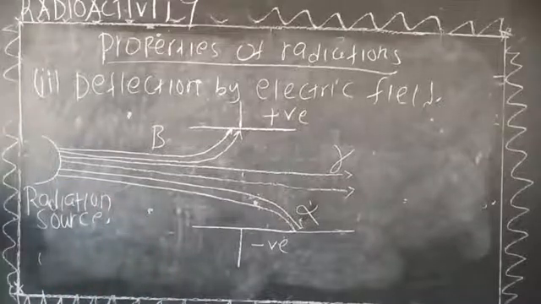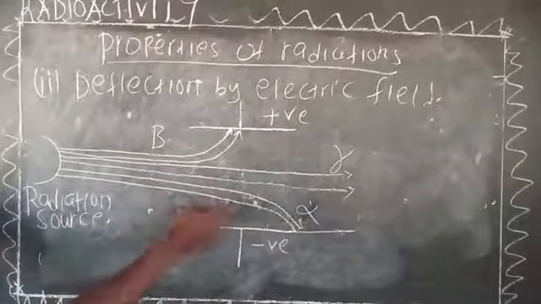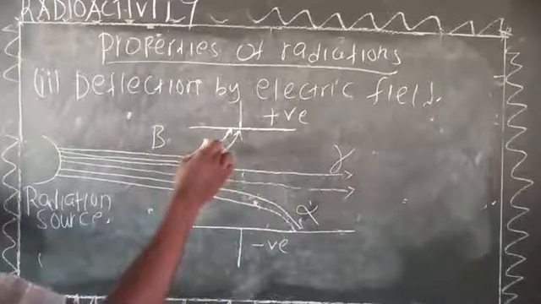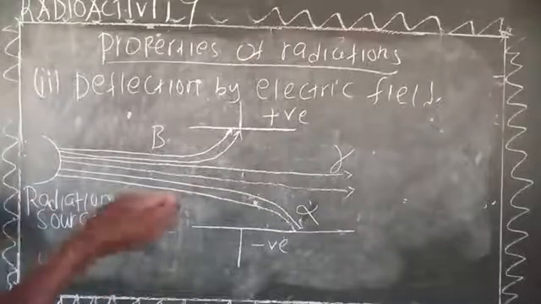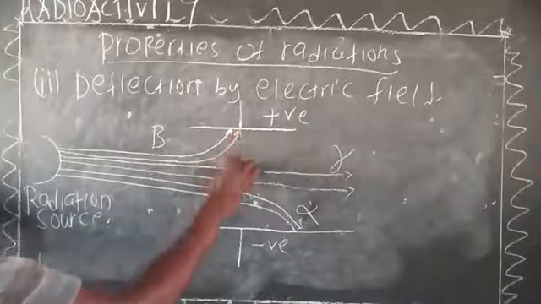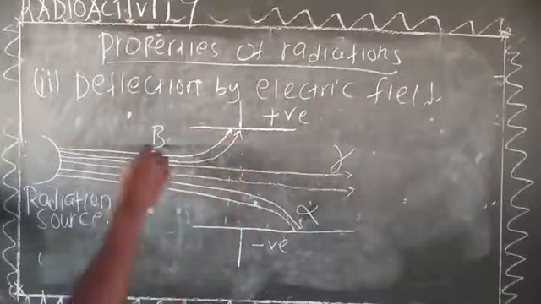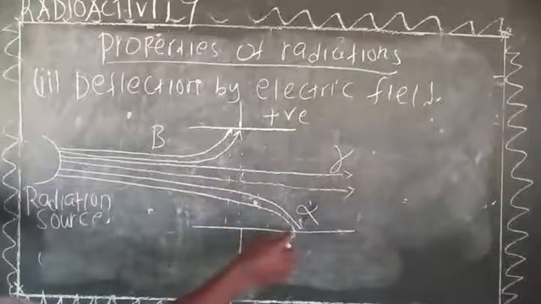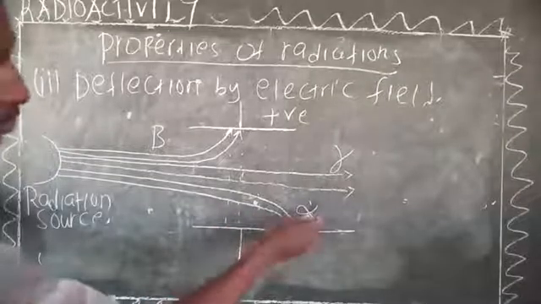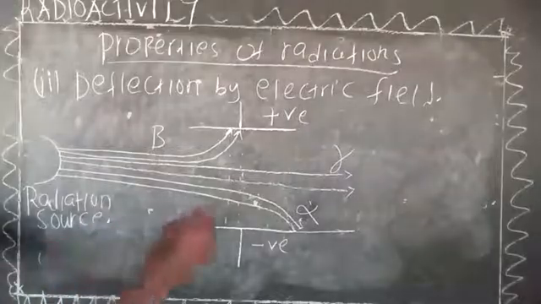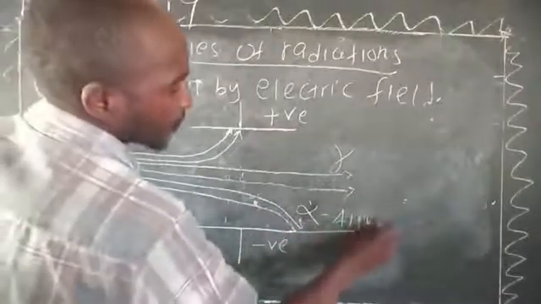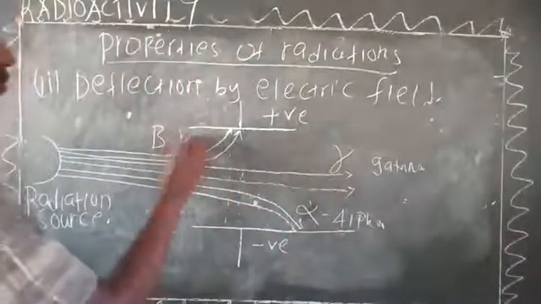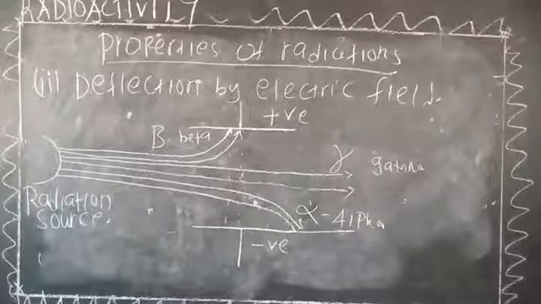The reason for this is because the alpha particles are heavy compared to the beta particles.